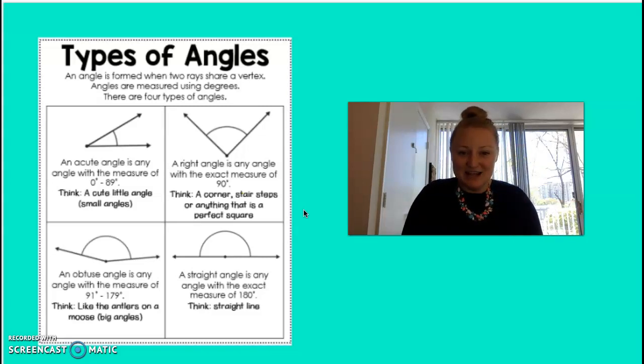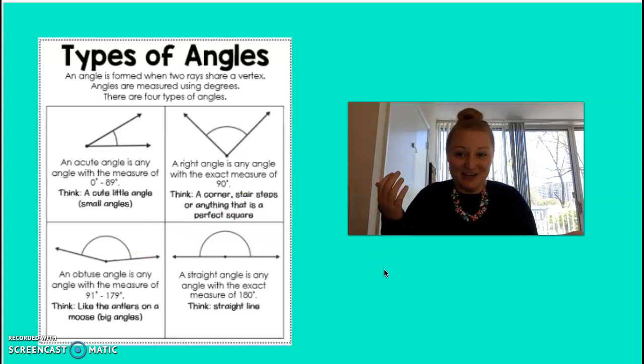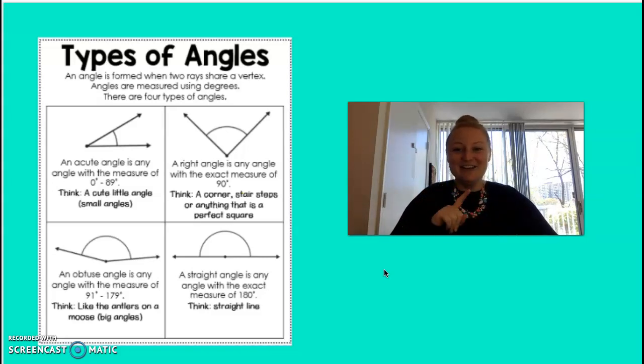An obtuse angle is any angle with the measure of 91 to 179. So an obtuse angle is the angle between a right angle and a straight angle. And a straight angle is any angle with the exact measure of 180 degrees, just like a straight line. So as a reminder, a right angle and a straight angle have exact measurements.